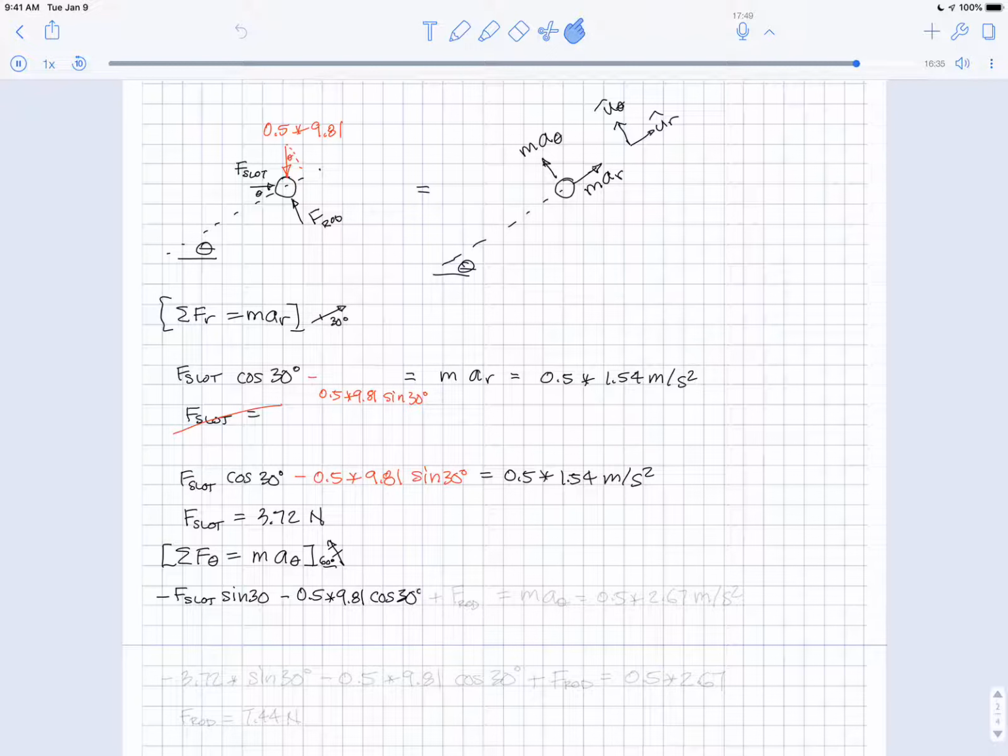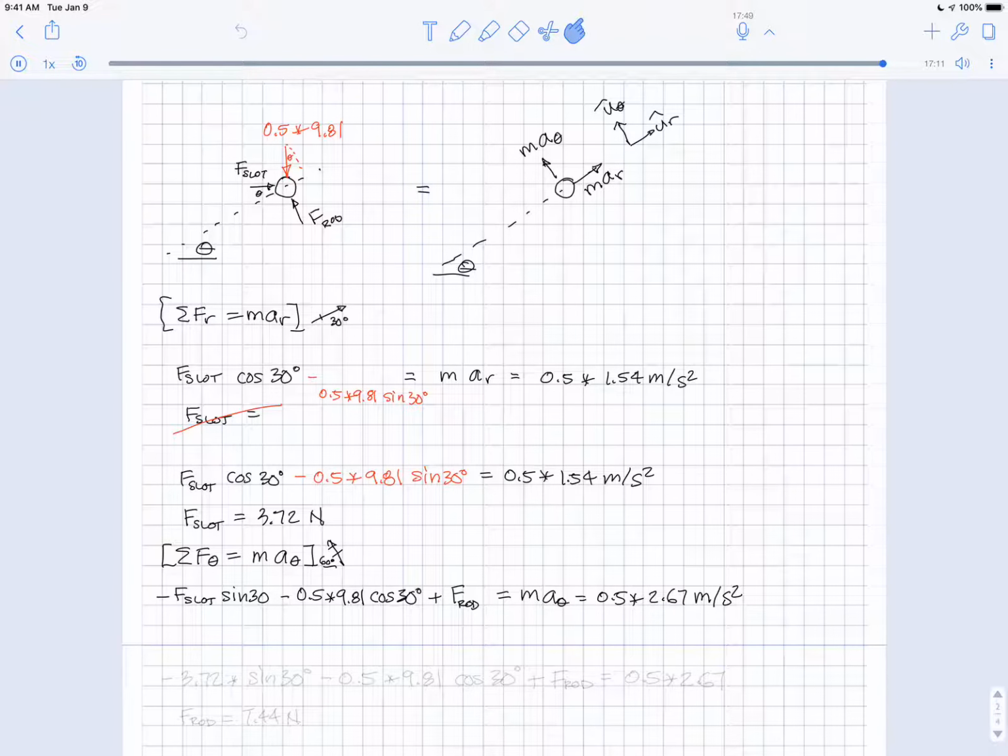The weight is also going clockwise. Plus F of the rod, that is going counterclockwise, equals m a_theta, which is 0.5, and the acceleration in the theta direction was 2.67 meters per second squared. Let's continue on to the next page.